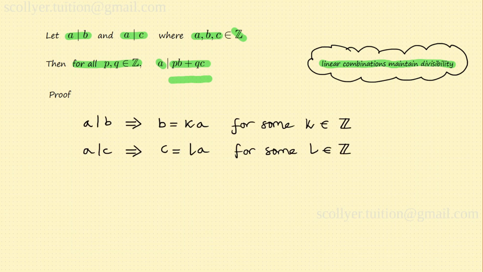And so for the proof, we start by expressing these facts, a divides b, a divides c, using the definition of divisibility. So a divides b implies that b equals k times a for some integral k, and a divides c implies that c equals la for some integral l.